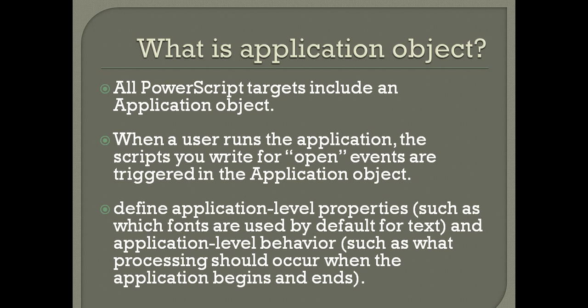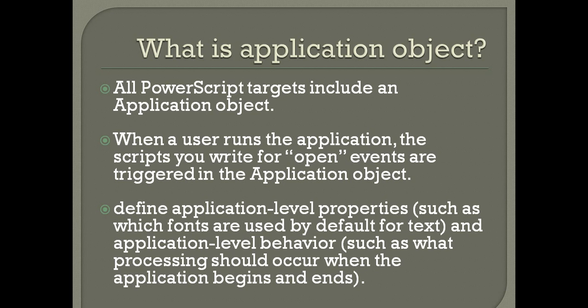When a user runs the application, you are required to write at minimum one script on the open event of the application object. That is at the application level, and we also write any application-level properties and application-level behavior, such as what processing should occur when the application begins and ends.